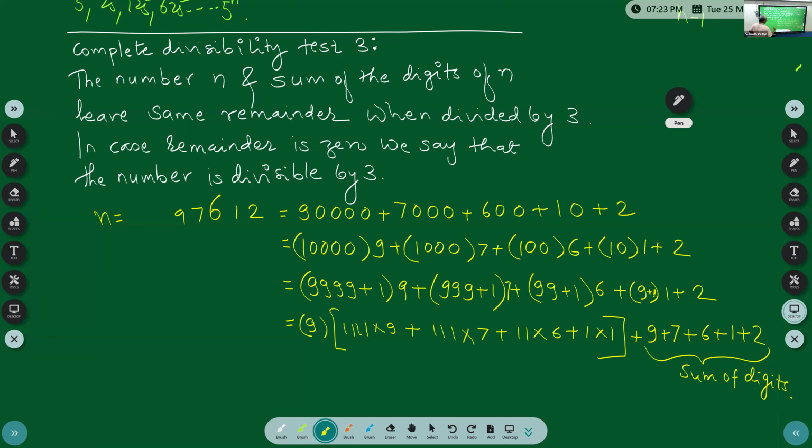So the remainder left by the number is going to be equal to the remainder left by this number, which is 0, plus the remainder left by 9 plus 7 plus 6 plus 1 plus 2. Whatever remainder this will give will be the remainder left by the number. This is the logic why the test works.